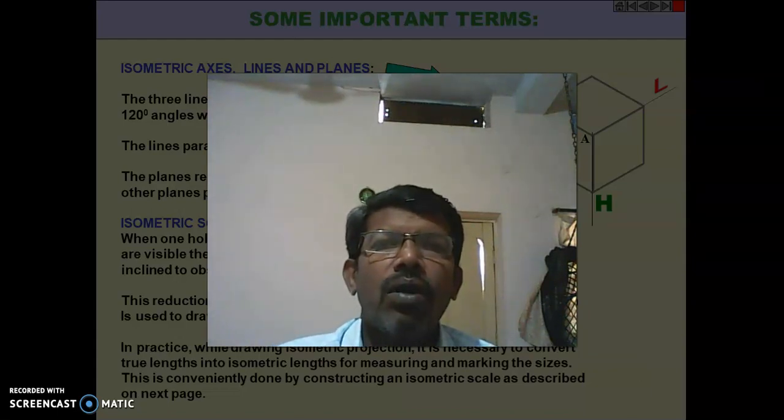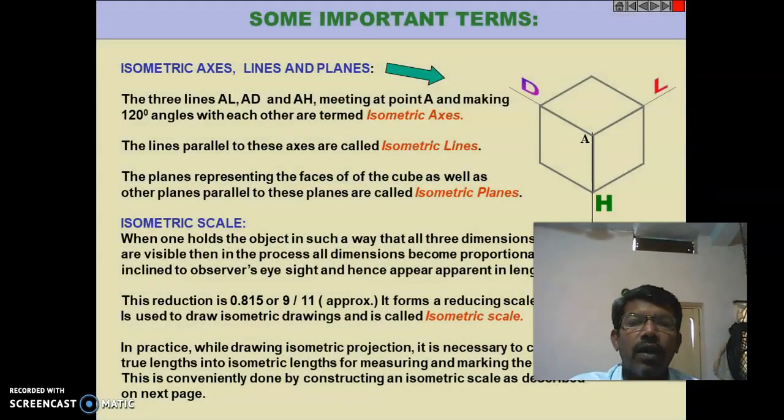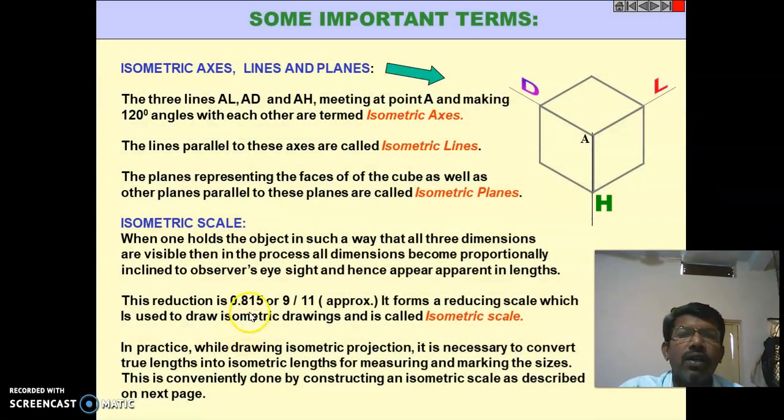Now let us see some of the important points here, that is, isometric views, the lines and the planes. The first one is the three lines AL, AD and AH.